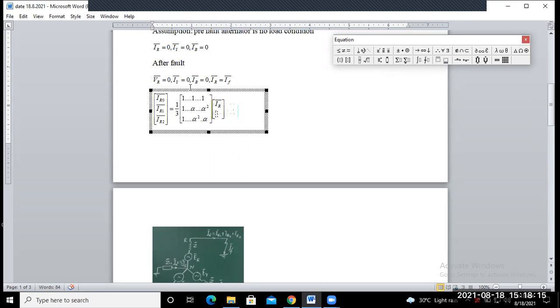So put IY equal to 0. Or you may first write down IY and IB, and in the next step put the values of IY and IB equal to 0.